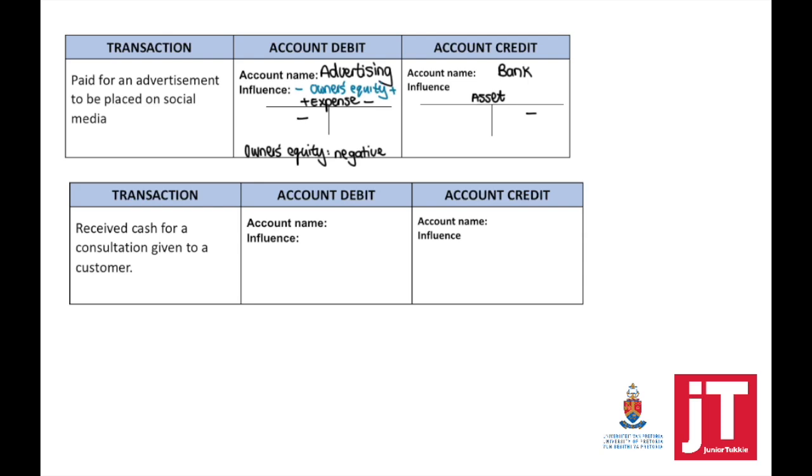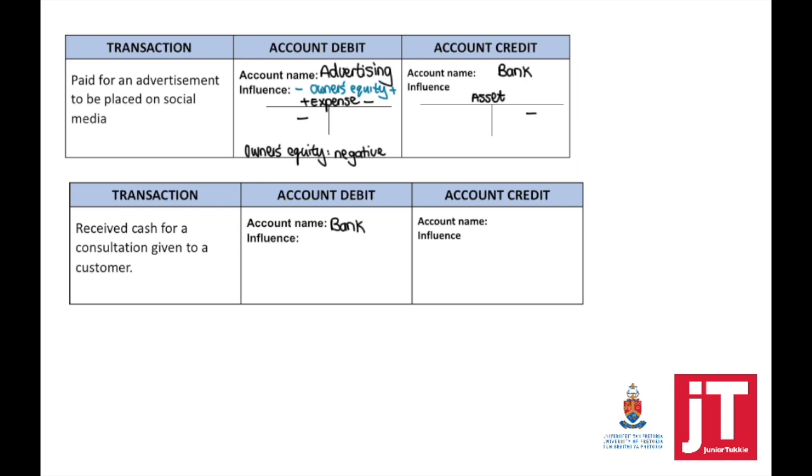Received cash for consultation given to a customer. When you give a consultation to a customer, you are rendering a service. Money has come into the business, so when the business receives money, bank is always going to be debited. Now, very important, services rendered.